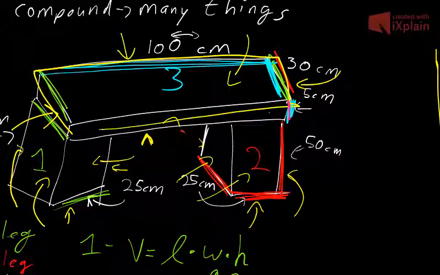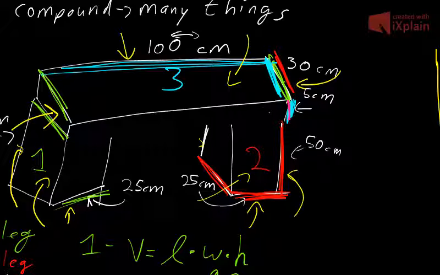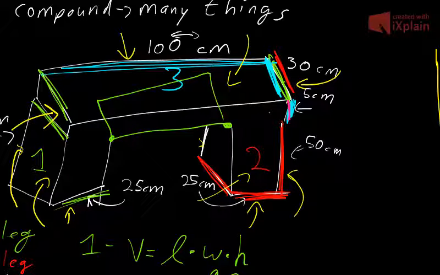Let's get rid of some of these extra bits. Make it a little bit easier to see. I need to figure out how long this distance is from here over to here, so that I can then find the area of that rectangle that's underneath the desk.